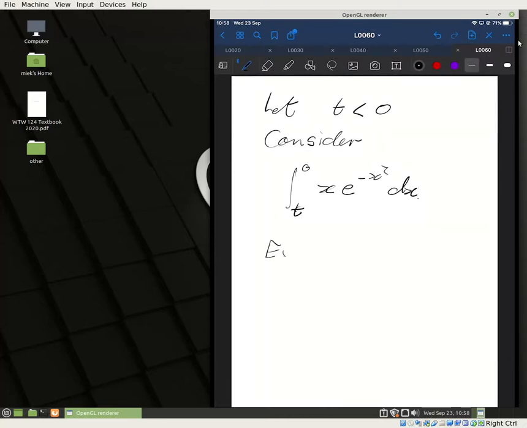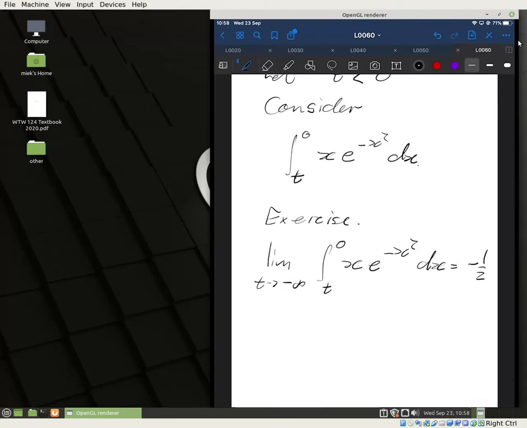And I will leave as an exercise that the limit as t tends to minus infinity of the integral from t to 0 of x e to the minus x squared dx is equal to minus a half.